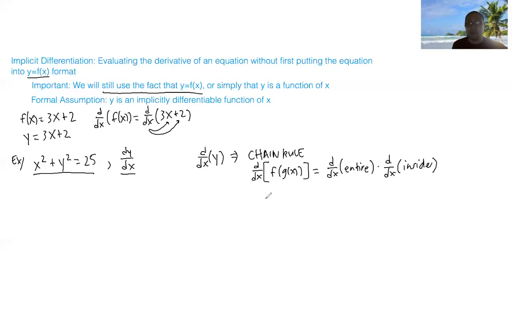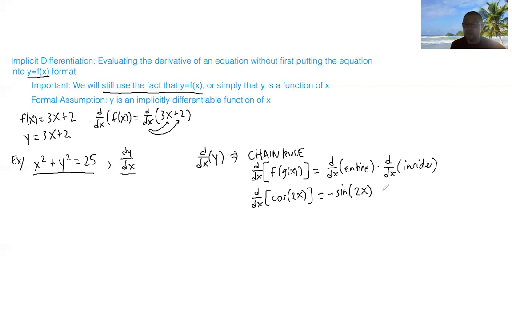For example, if we were finding the derivative with respect to x of cosine of 2x, the derivative of cosine of the stuff inside is going to be equal to negative sine of the stuff inside.